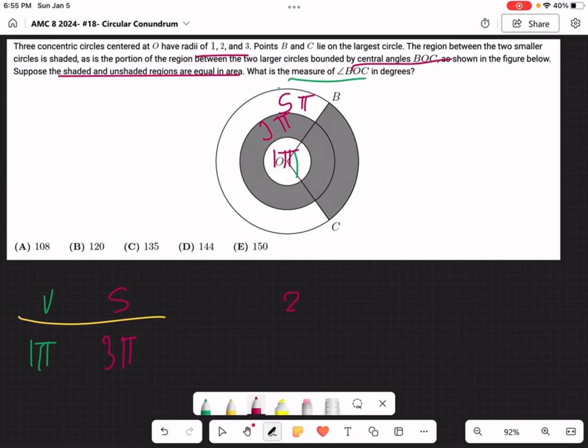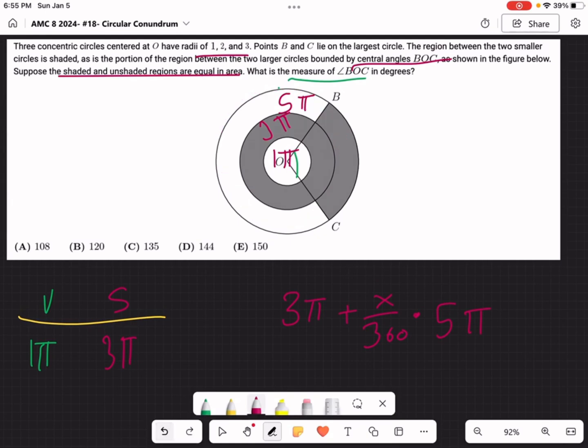So shaded will be 3 pi, the stuff we already know, plus this other unknown shaded part. As we discussed earlier, it's going to be x over 360, with x being this angle that we need to find, times 5 pi, because the area of the whole outer circle is 5 pi.